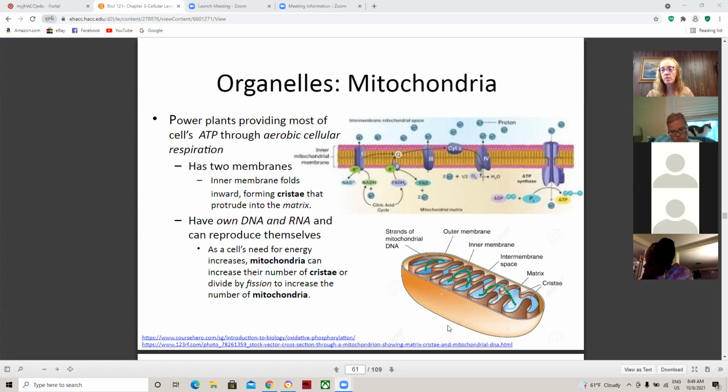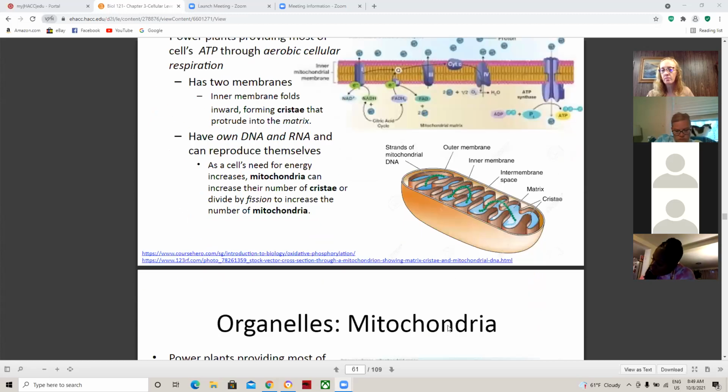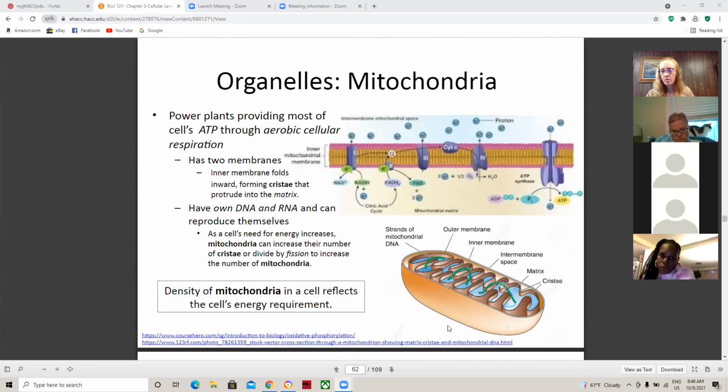So they can replicate themselves or add to the material within each organelle. The density of the mitochondria within a given cell reflects that cell's energy requirement. Muscle cells have an exceptional amount of mitochondria in comparison to other cells because their need for ATP is extravagant.